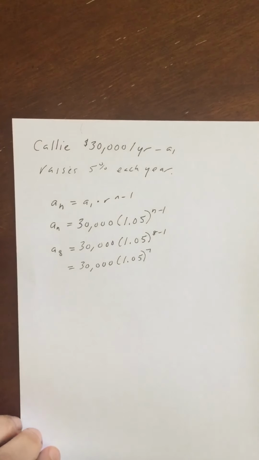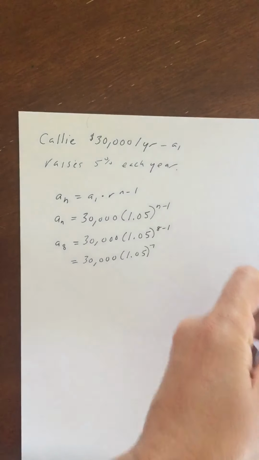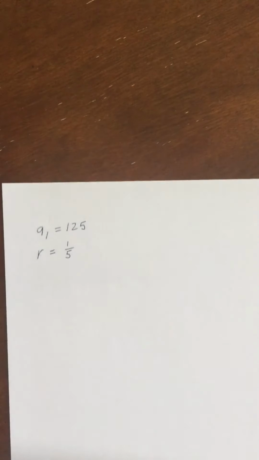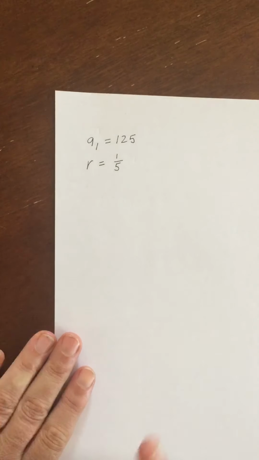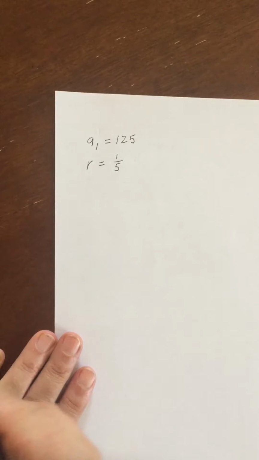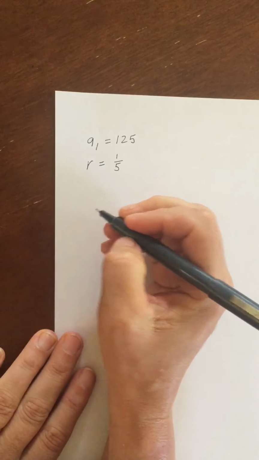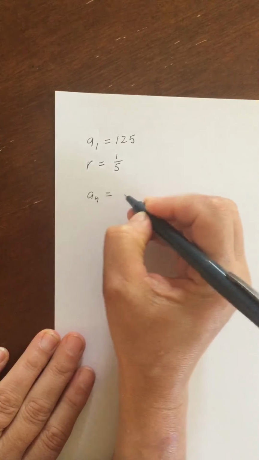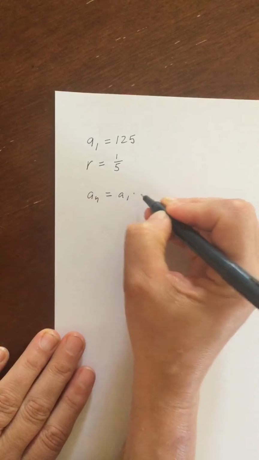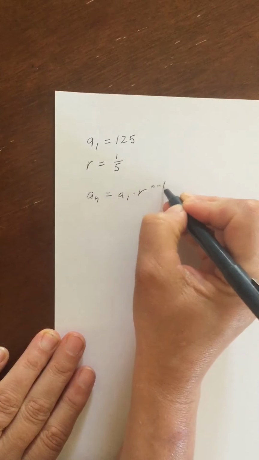Okay, so the next problem is one like this. Let's say you're given the first term and you're given the ratio. Hopefully this is a no-brainer as well. So what you want to do is just plug it in. A sub n is equal to A1 times r to the n minus 1.